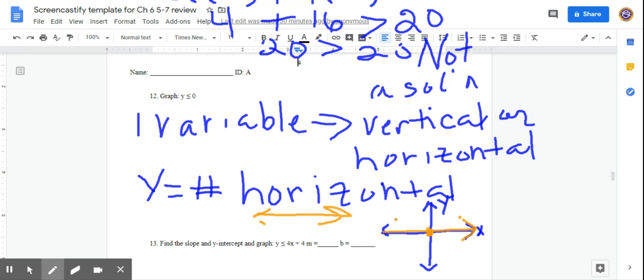Now, you needed to decide whether it was going to be a solid line or a dashed line. So remember that the inequality was less than or equal to. That means you have a solid line.